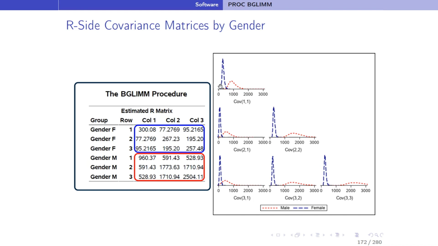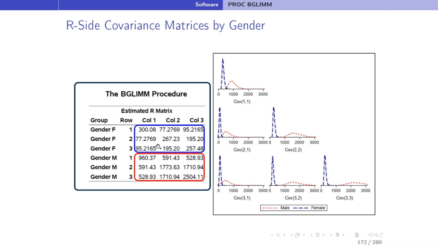Here are the posterior density plots of the covariance matrices of COV11 for female, which is blue, and for male, which is red. The female has variance around 300, and the male has 900. You can see that the terms are different.